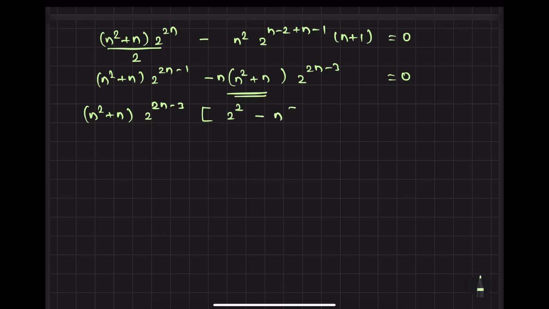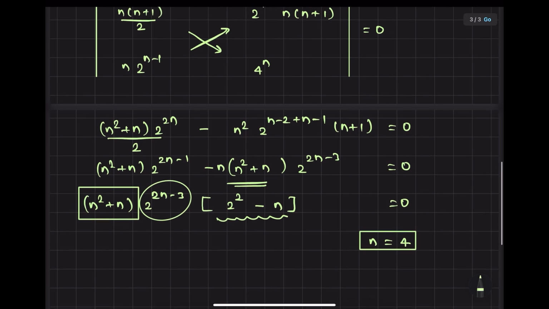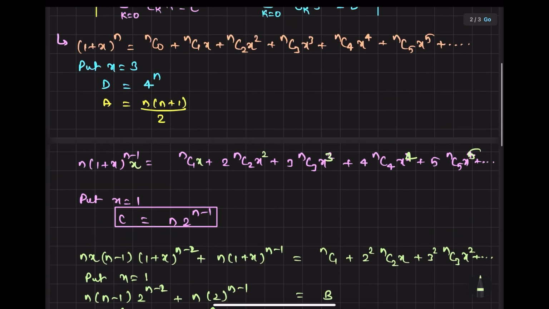Here we will have only n. Correct? Is equal to 0. Now, do you think this can be 0 for a natural number? No, it is not possible. Do you think this can be 0? No, it is not possible. So all the responsibility is on this person. This makes n take value 4. So with this much effort, we got the value of n as 4.